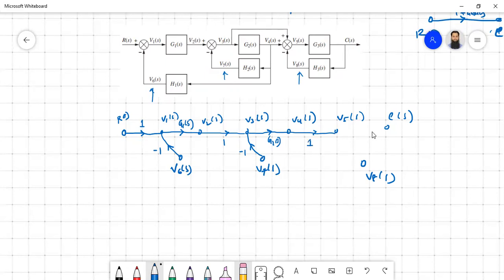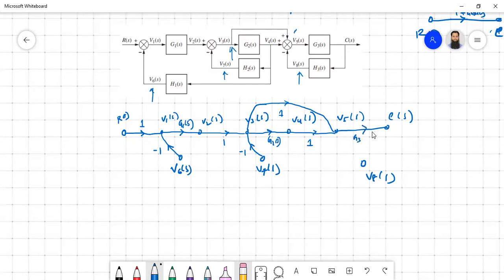Okay. And also, as you can see, from V3 to the summing junction, there is another one. So from V3, we can actually draw to that summing junction here with a gain of 1. Okay, so then from V5 to output, we have G3.